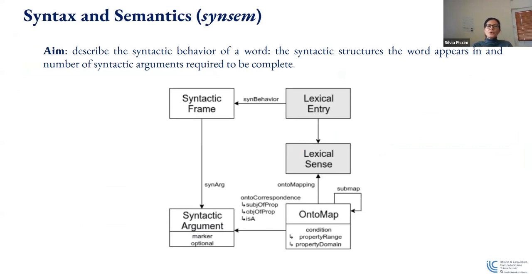Then we have the syntax and semantics module, as I said, and it allows for the description of the syntactic behavior of a word. So if you want, for example, to specify the syntactic structures of a word, the syntactic arguments introduced by a word, etc. Okay.